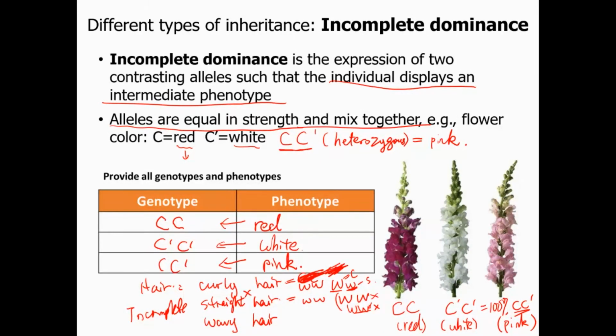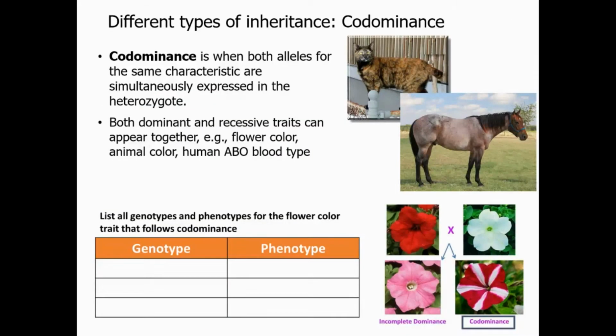It wouldn't be curly hair, it wouldn't be straight hair, and instead it's going to be wavy hair, all right? So just remember that for incomplete dominance, the difference is this: heterozygous, not dominant anymore, right? Just heterozygous. If you have two different alleles, the individual is going to have an intermediate phenotype, something in between.